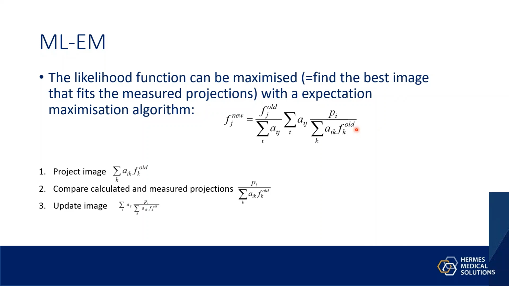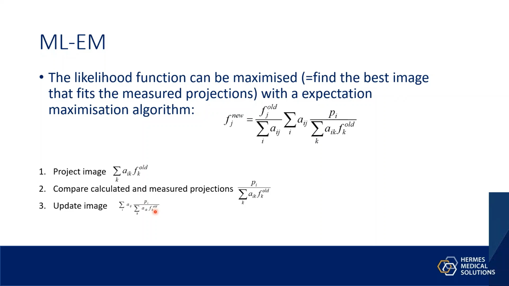And if the division gives us just ones, we know that the calculated projections match the measured ones perfectly, and we can terminate our algorithm. If they don't match, we update the image using this term in here.